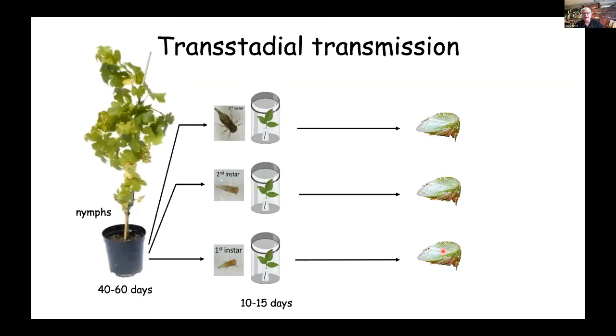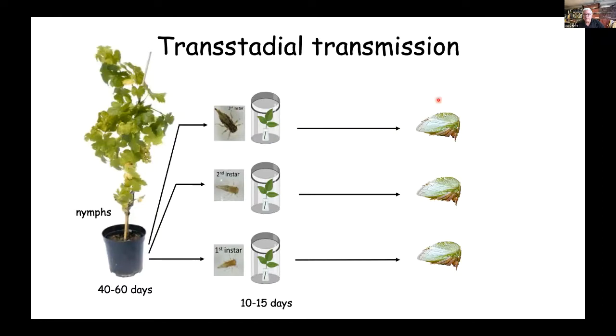And we did the same with the second instars that developed on grapes, and third instars that developed on grapes. So keep in mind, the adults deriving from the first, second, and third instars developed on healthy beans. They have never been exposed to an infected grape during their lifetime, okay?